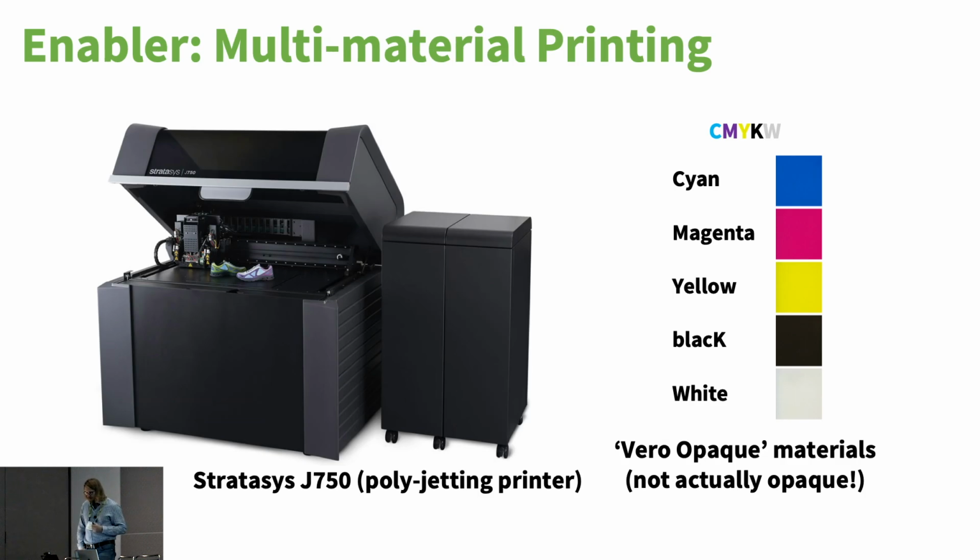The enabling technology to do this full color 3D printing is the so-called photopolymer jetting, which is really just your regular inkjet printer, except that the inks have some additives that make them sensitive to UV light, and so when you shine UV light on them, they will solidify.